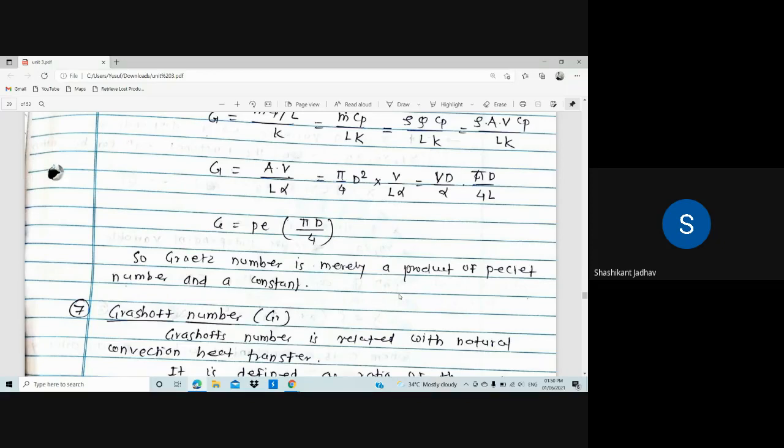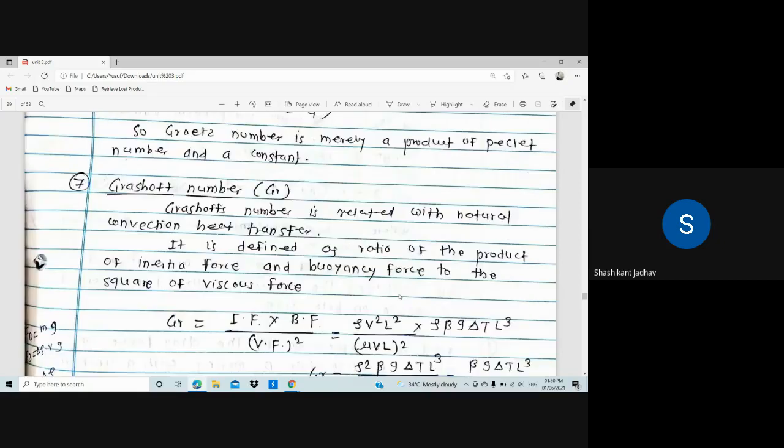Write down the last dimensionless number, that is the Grashof number. It is denoted by GR. Write down the definition of the Grashof number. Grashof number is related to natural convection heat transfer.